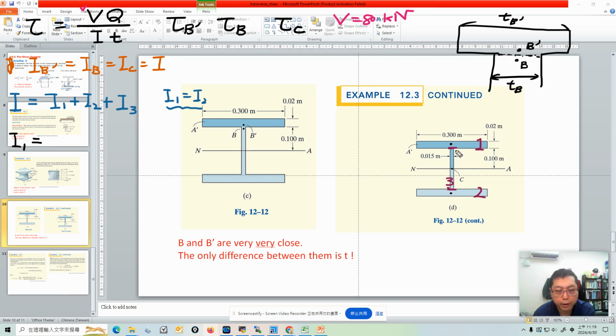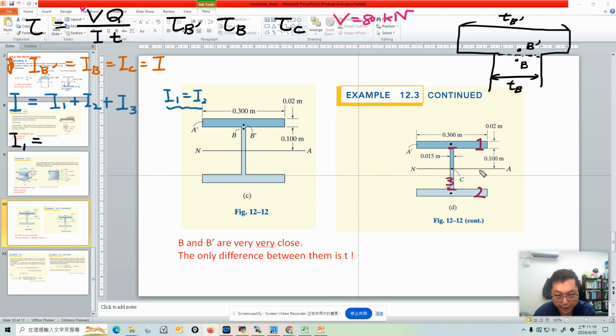So let's calculate I1. The neutral axis is here, but it does not pass through the centroid of area 1. So you have to use the parallel axis theorem to calculate the moment of inertia of area 1.